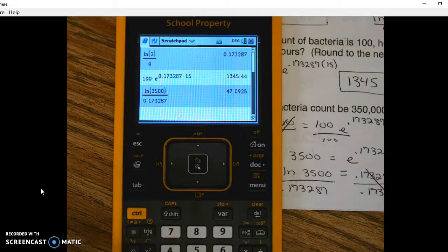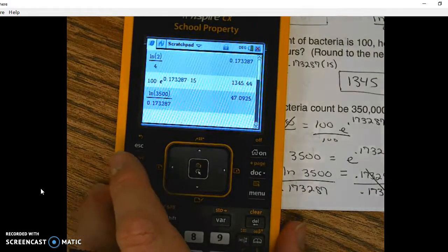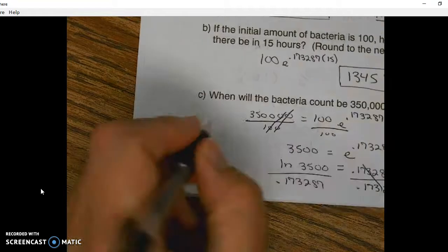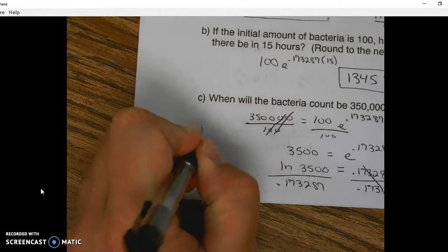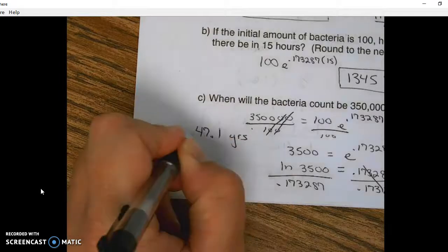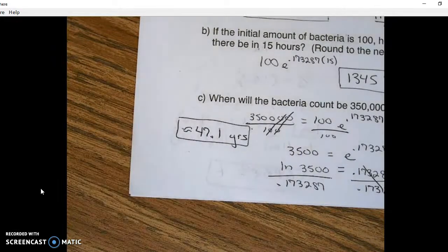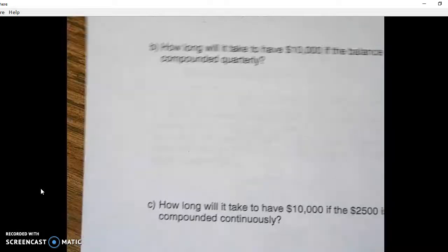So it's going to take 47 years. It doesn't tell us to round it. We could do 47.1 years, approximately. Okay, moving on.